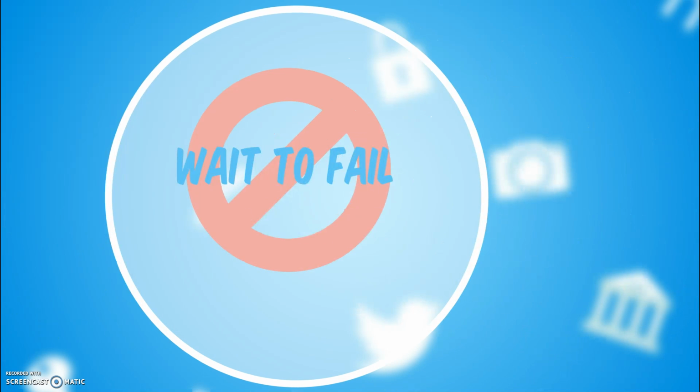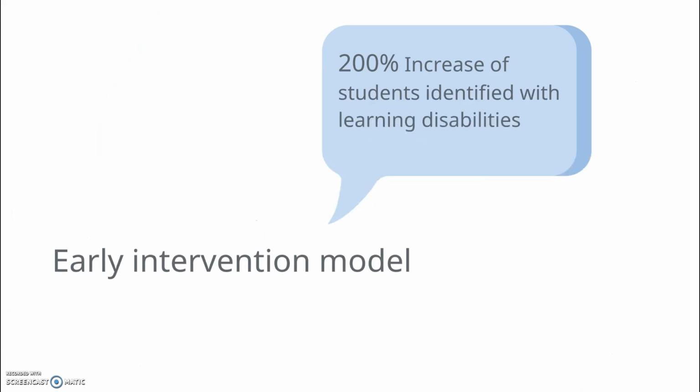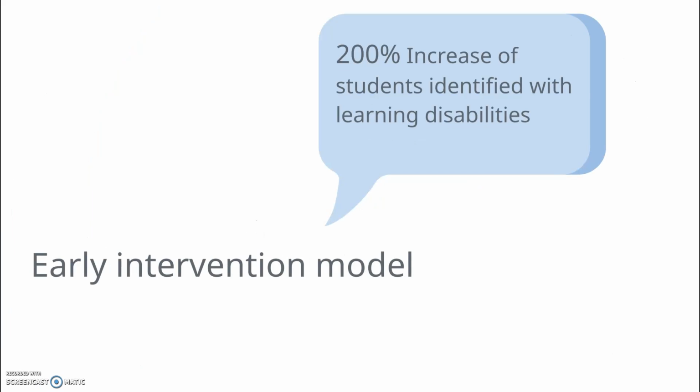So, how is this different than what teachers have used before? Older models ran off of the wait-to-fail model, which used IQ achievement assessments to identify struggling students. But now we look at prevention. In the reauthorization of IDEA, RTI was recommended as a means of preventing learning and behavior difficulties.